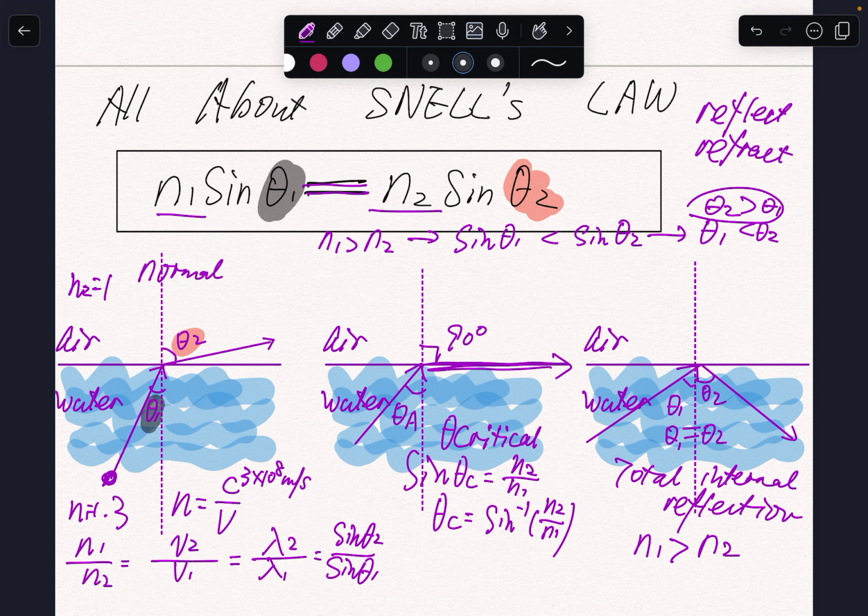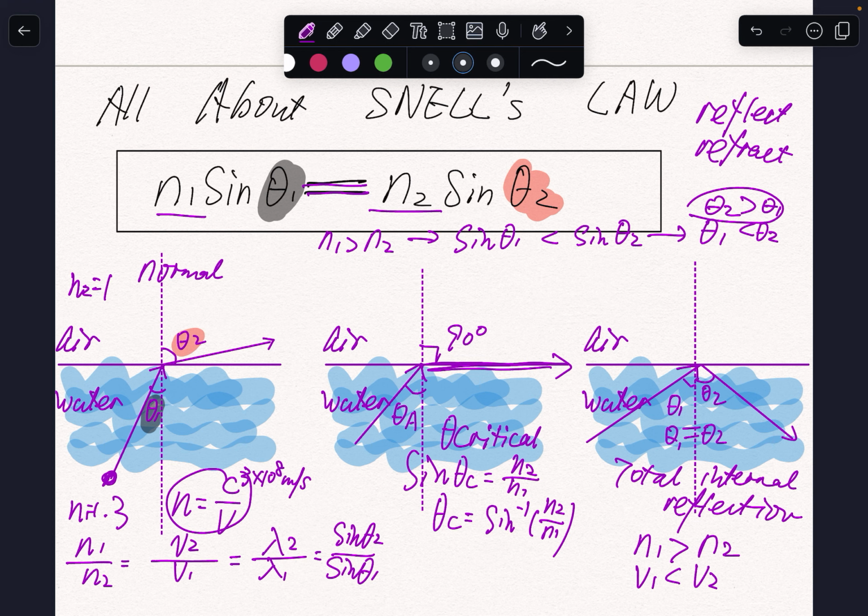It doesn't happen when you travel from air to water, air to diamond, or vacuum to air. Not the case when going from less dense to more dense, only when going from more dense to less dense. If you relate this to the equation n equals c over v, we know that v1 is smaller than v2. So light travels in water at a slower rate than it travels in air, of course, because water is denser.